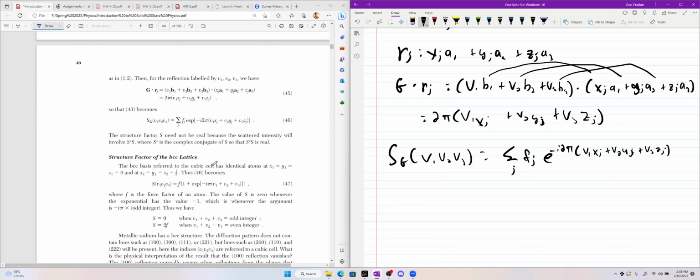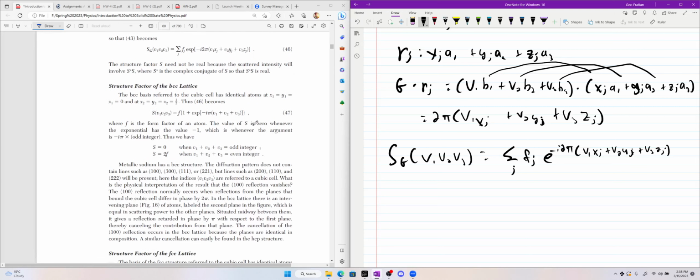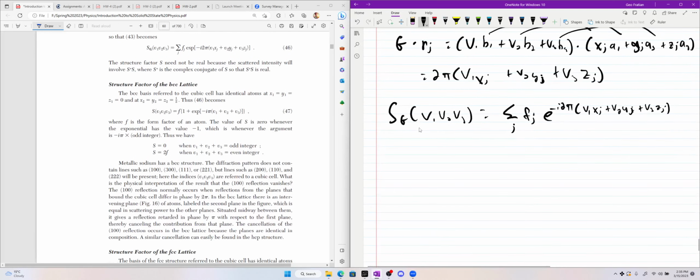The structure factor S does not need to be real, because the scattered intensity is S times the complex conjugate of S, the inner product, and that is real. Okay, that was a lot of stuff, but let's see that in action after I take a sip of water.